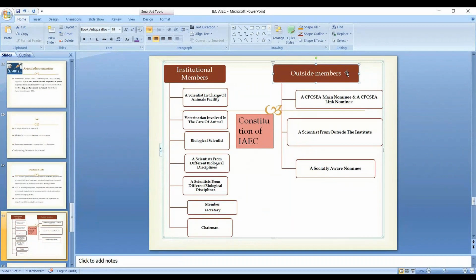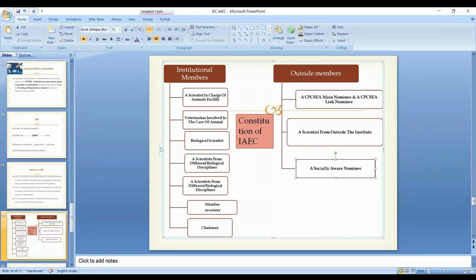CPCSEA has a main nominee and a link nominee, two persons. The main nominee must be present. If the CPCSEA main nominee is not present, the committee cannot proceed with its work. Then a scientist from outside the institute and a socially aware nominee, a social scientist, should be there.